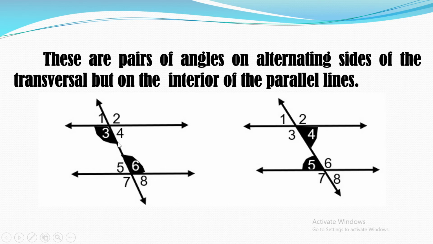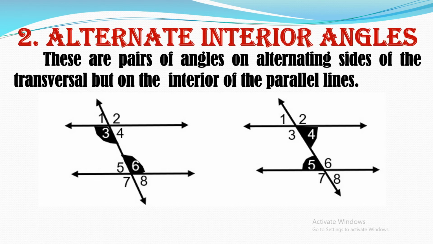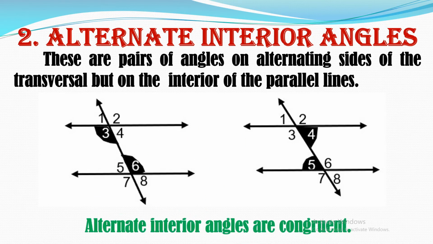Note that these two angles are both interior angles and they are not on the same side of the transversal. These kinds of pairs of angles are called alternate interior angles because they are alternating and at the same time they are interior angles. Now, with regards to their measurement, alternate interior angles are congruent.